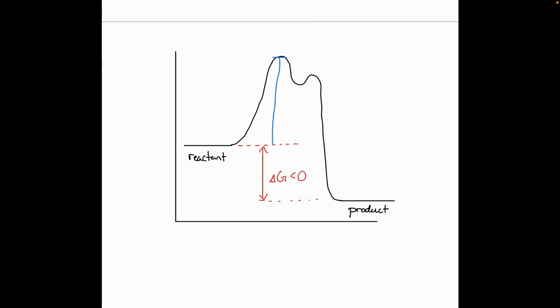Right, this first little mountain that this reaction has to climb is large, implying a slow step. The other one is just this little guy here. This activation energy is small, so this represents a fast step in our reaction.